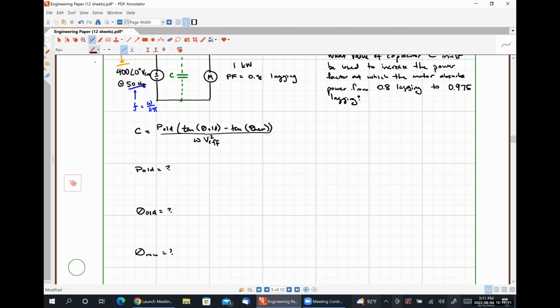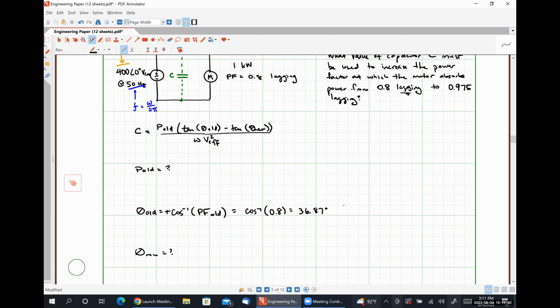So theta old is just going to be the inverse cosine of PF old. And because it's lagging, this is going to get a positive sign. So the inverse cosine of 0.8 is 36.87 degrees, because we've done this, I think, 3 times at this point. So I remembered what that angle is.